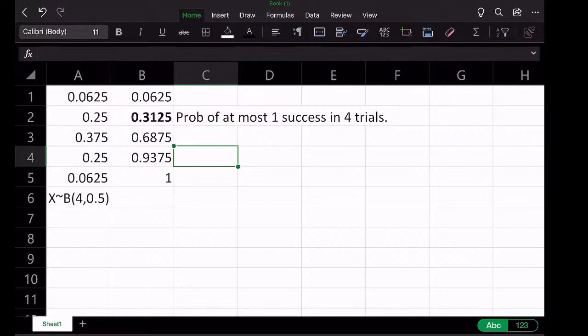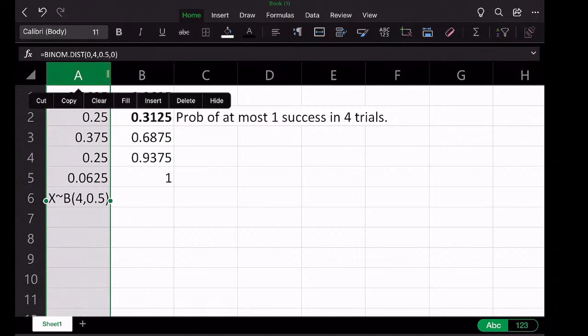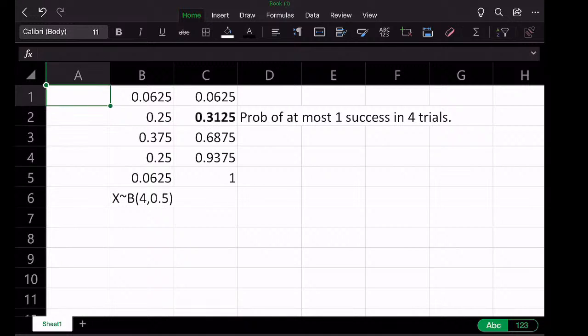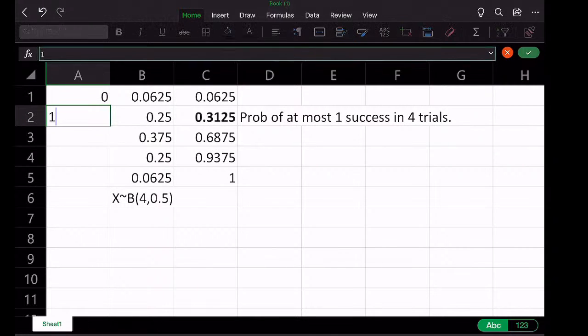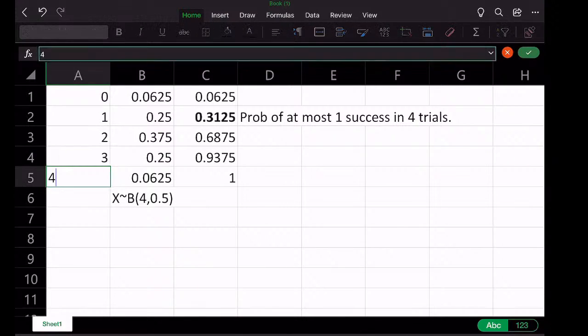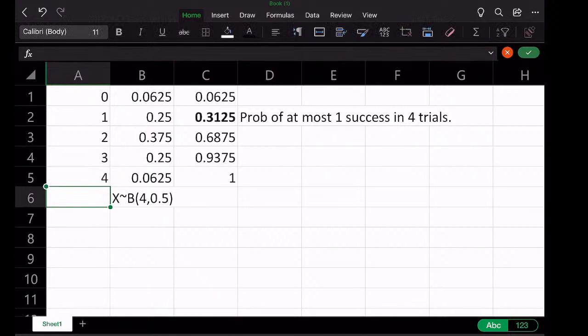What is this? How do you interpret this one? I should put a column here. Can I put a column there? Insert. So this would be 0, 1, 2, 3, and 4, and that would be little x. Okay, so how do I interpret, what did I say?